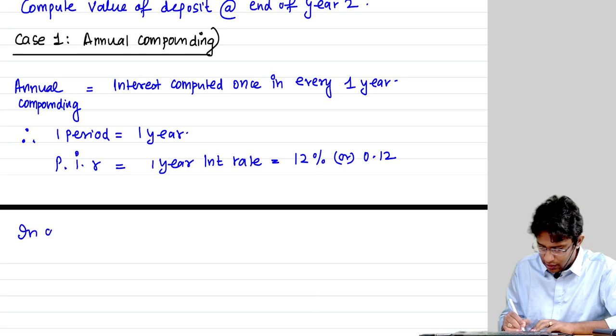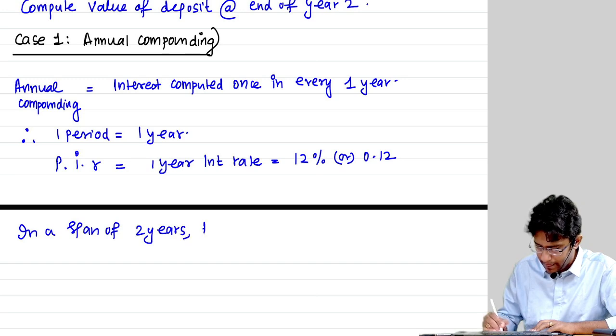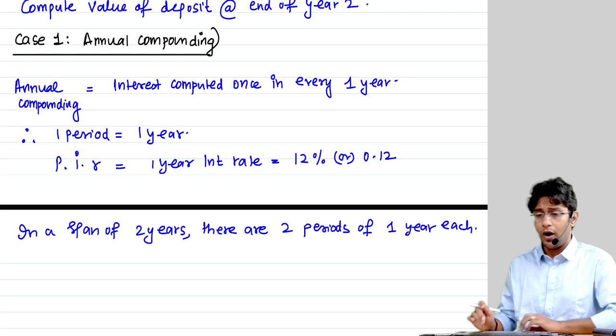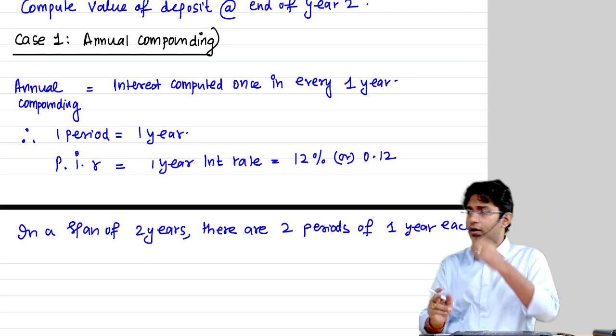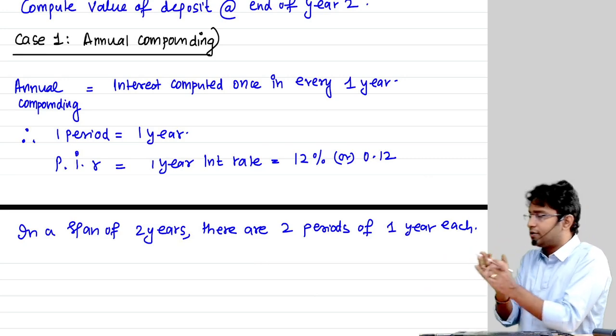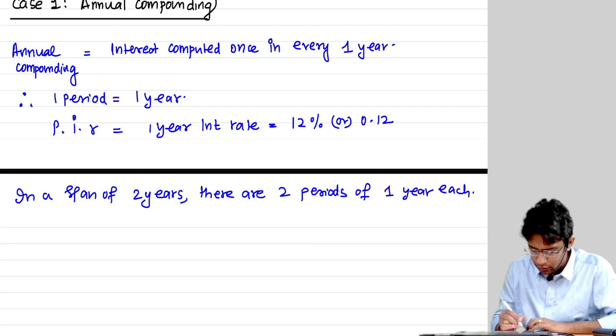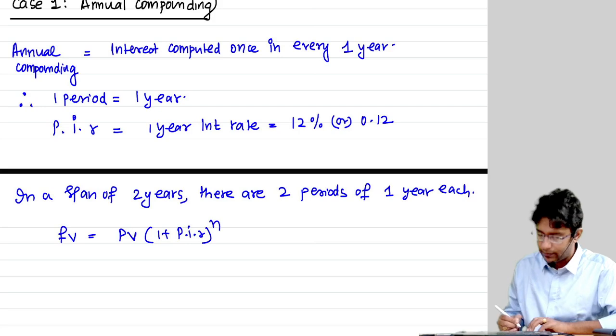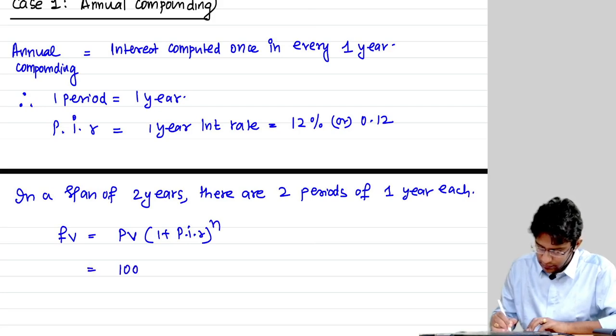Next, in a span of 2 years, there are 2 periods of 1 year each. I hope you agree with this. In a span of 2 years, there are 2 periods. Each period's length is 1 year. Now you are fit to apply the formula. Future value is equal to present value into 1 plus PIR whole power n, which is equal to 1000 into 1 plus 0.12 whole square.